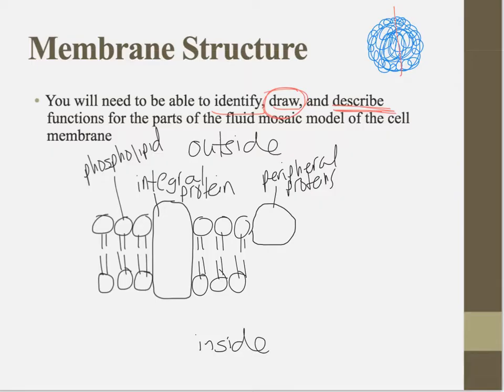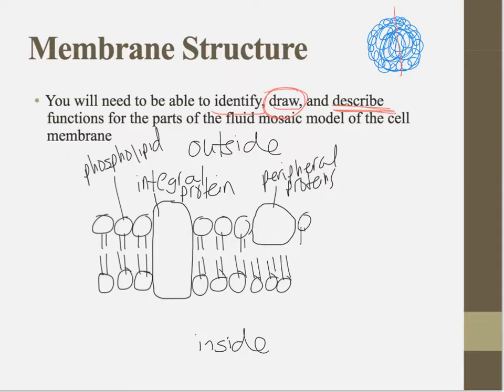And peripheral proteins don't span the inside. In fact, this would be kind of covered up here with phospholipids. So they are only on the periphery, the outer edge of the cell. A lot of times these can be used for cell recognition, cell-to-cell binding, those kinds of things. Anchor points for extracellular matrix, etc.